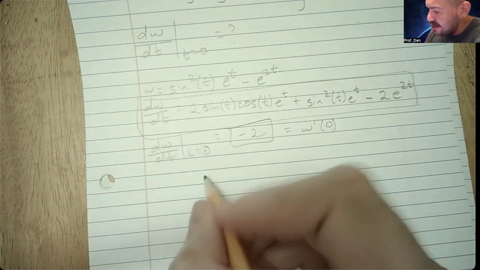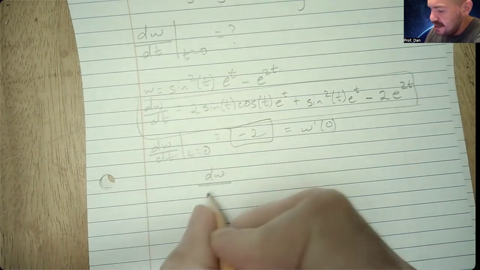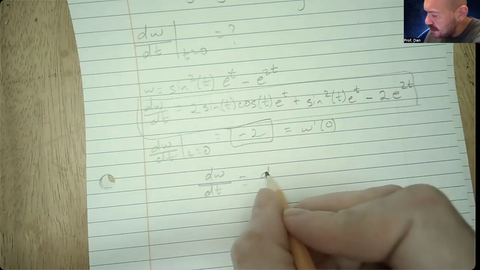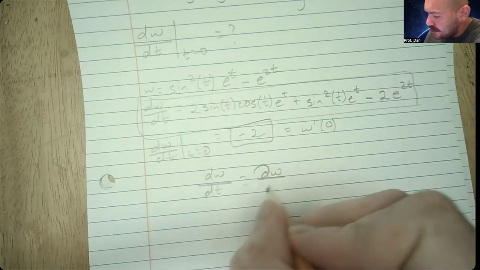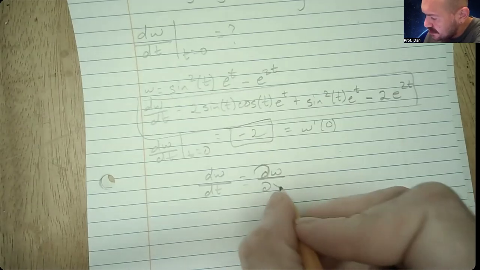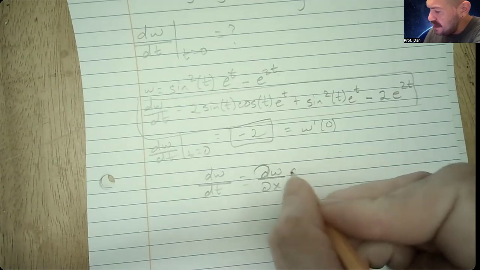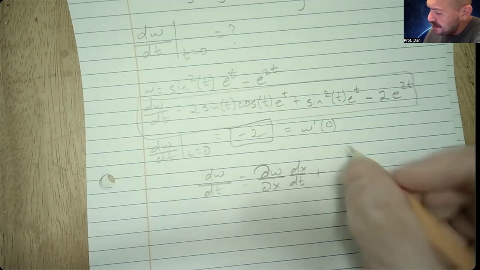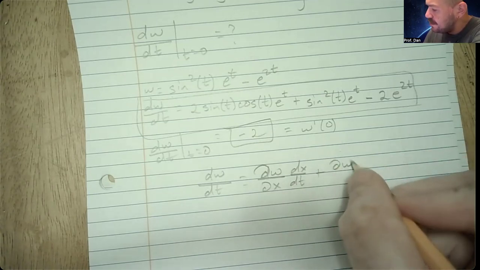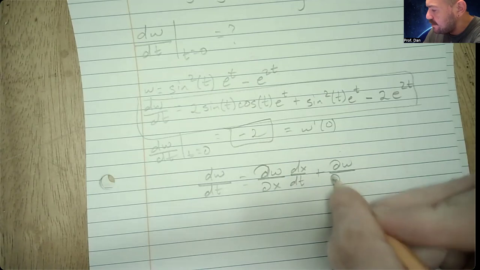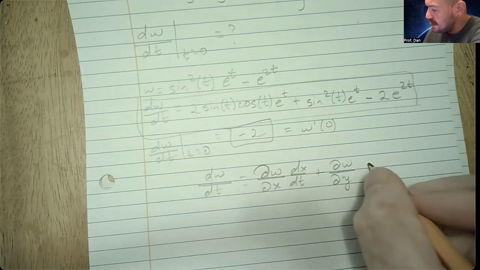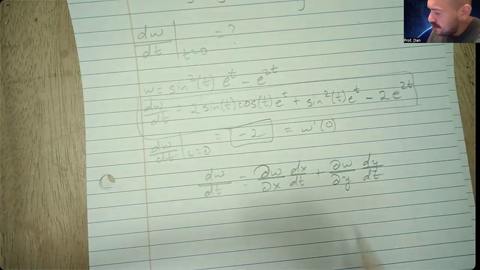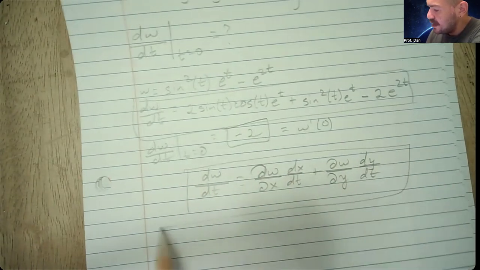The actual rule itself, we have dw dt is equal to the partial of w with respect to x times dx dt, plus the partial derivative of w with respect to y times dy dt.